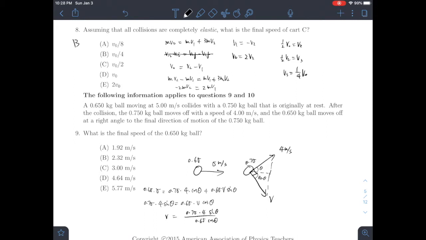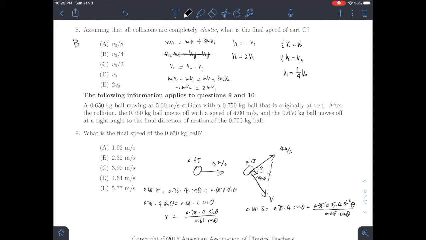So now after we know v, let's plug in. We'll get this equation: 0.65 times 5 is equal to 0.75 times 4 cosine theta plus 0.65 times 0.75 times 4 times sine theta squared over 0.65 times cosine theta. 0.65 and 0.65 cancel out. Then we will have this expression.